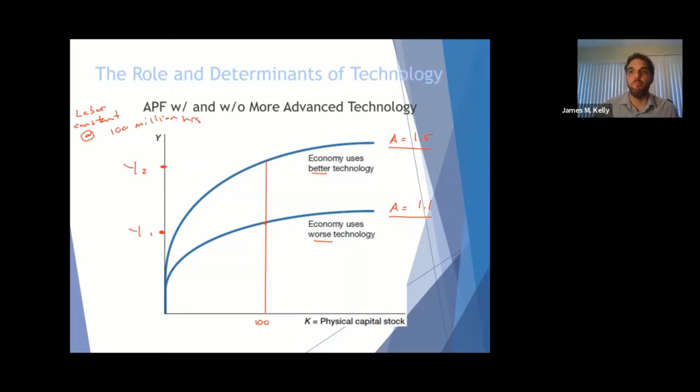Rather, we've just gotten better at combining those resources to be able to produce some output. So this is where long-run sustained economic growth comes from, through these increases in technology and the associated increases in productivity in the labor and capital inputs.